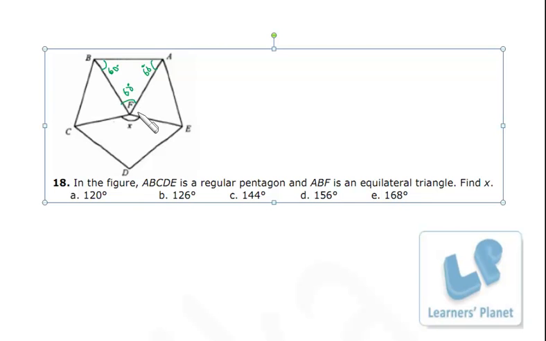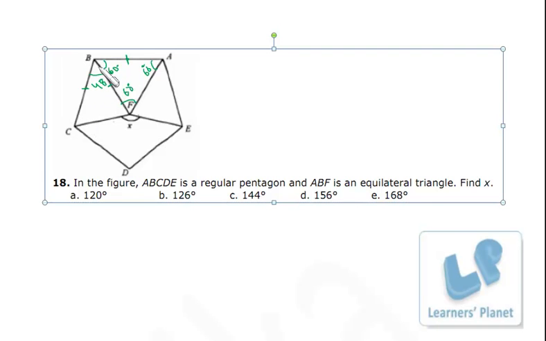Now, if ABF is an equilateral triangle, then this side is equal to this side. Right, and since ABCDE is a regular pentagon, AB is equal to BF, so BF will be equal to BC. Each angle of a regular pentagon is 108 degrees. So if it is 60, it has to be 48.